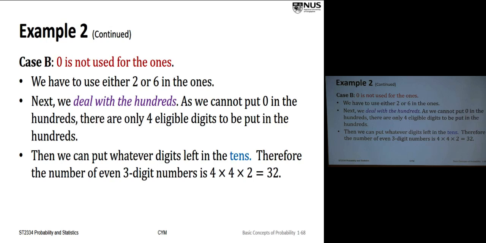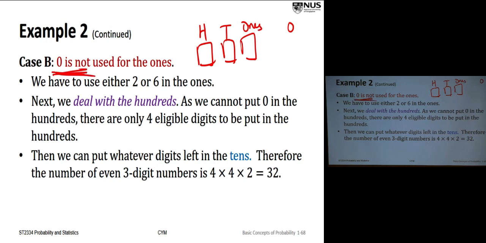After I fill that up, I still have 5 digits left, but I cannot put a 0 in the hundreds place. So here there's some difference. The ones place, the tens place, and the hundreds place. I already considered the case where 0 is in the ones place, so here I must put a 2, 4, or 6. After that, I have in my remaining 5 digits, I have to fill the hundreds place first.